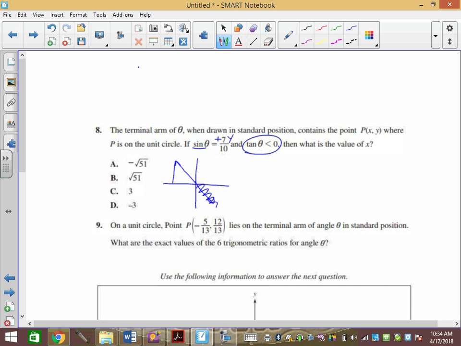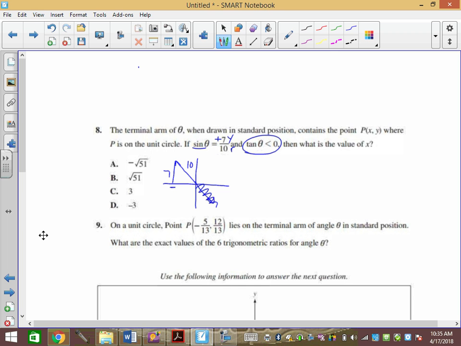Sine is 7 over 10. And then I'm going to put a negative here, because it's negative there. And they're going to have the answer to the positive version, which is wrong.